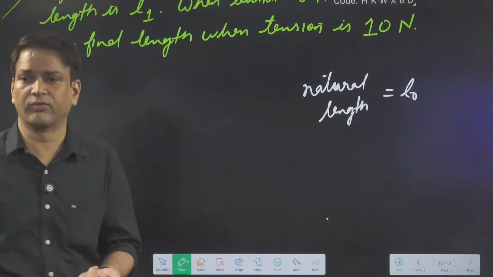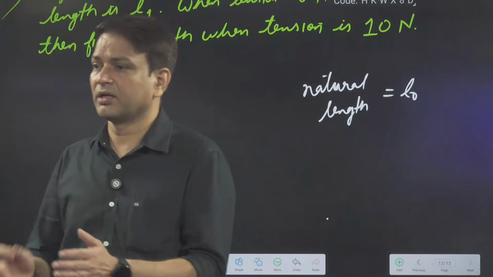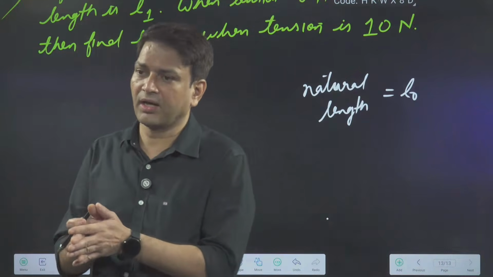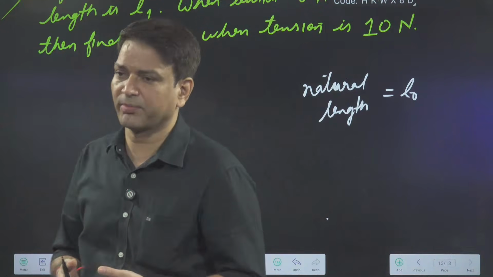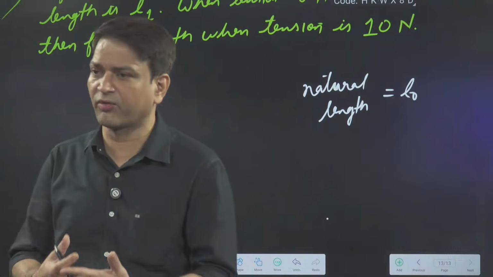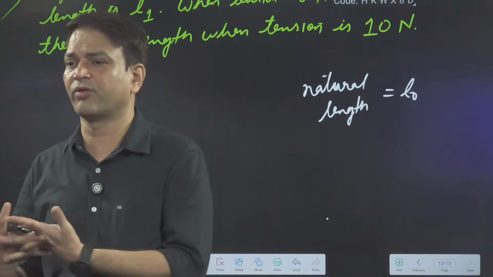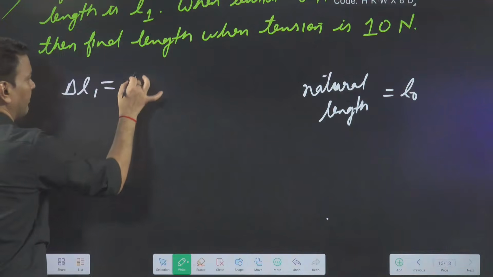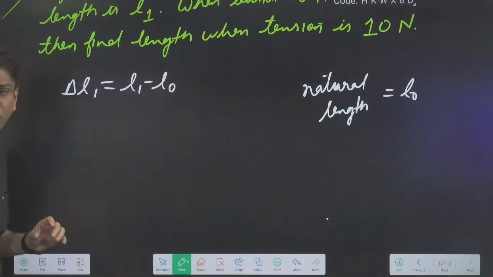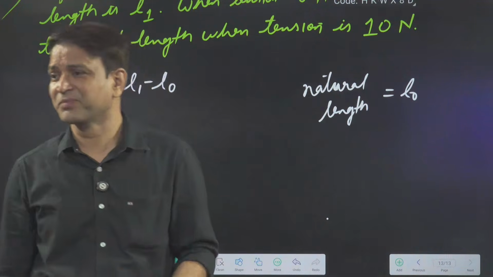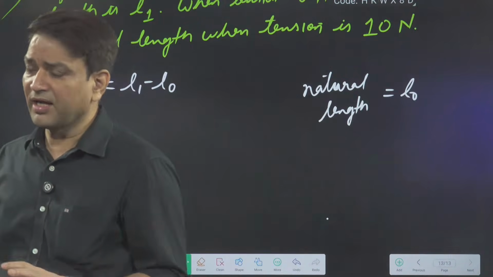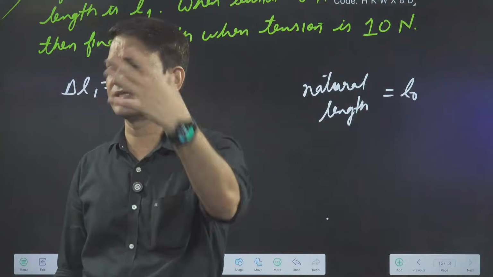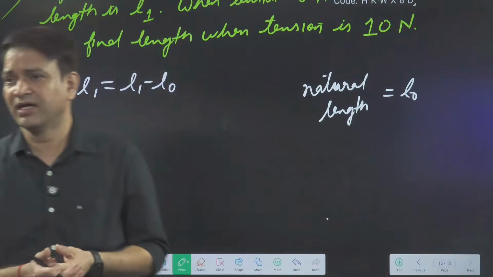When the length is L1 and the natural length is L0, then the elongation will be L1 minus L0. So delta L1 is L1 minus L0, because L1 is the elongated length and the natural length I took is L0.